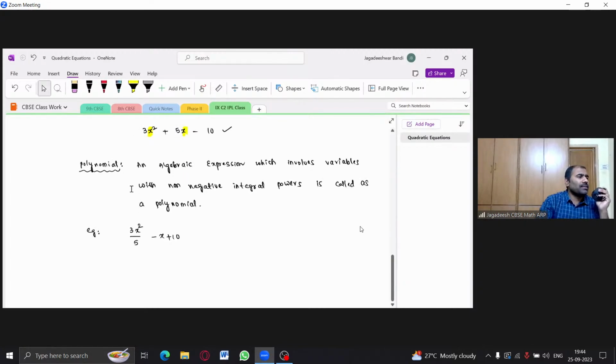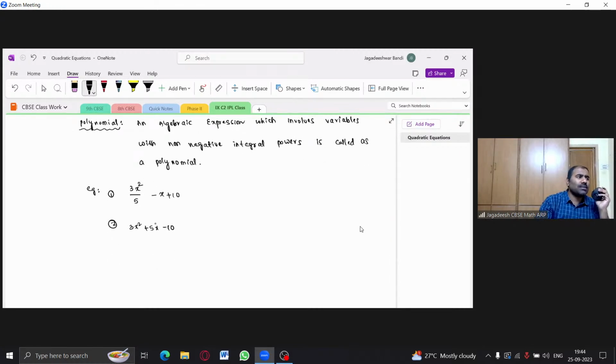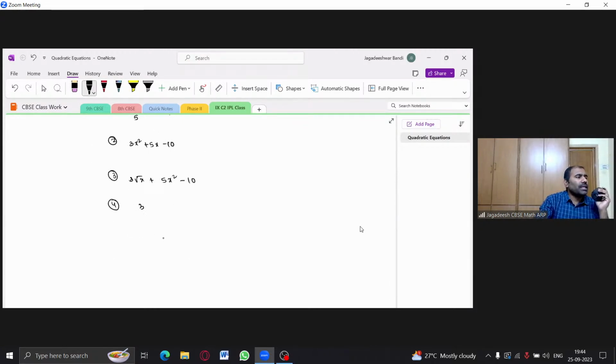Then the second one, 3x square plus 5x minus 10. Fine. And let me write two more to understand the polynomial definition very clearly. Then 3 root x plus 5x square minus 10. Fourth one, 3 by x minus 5x square plus 10.